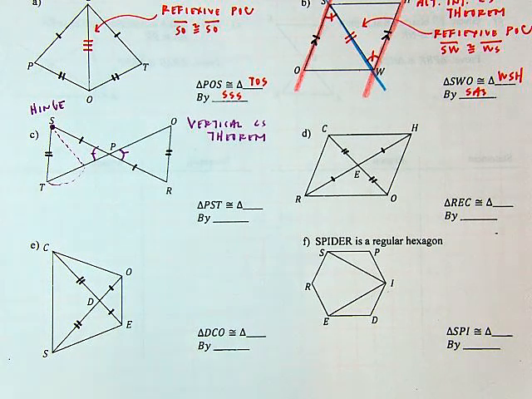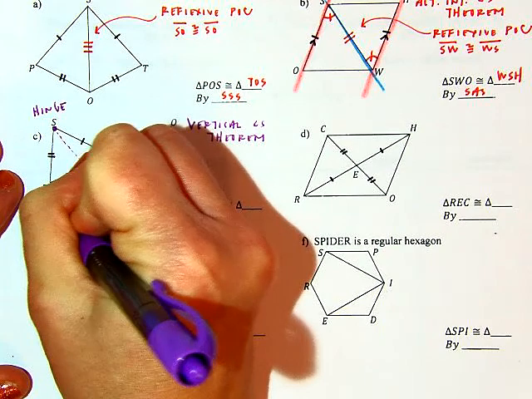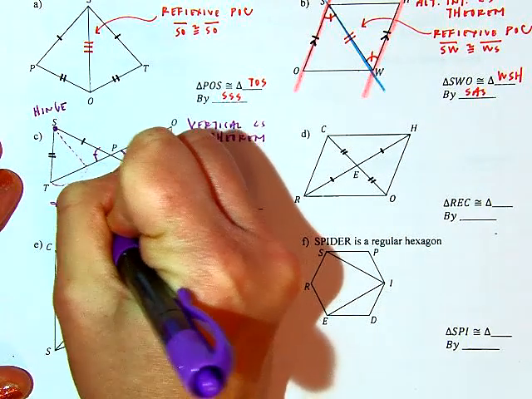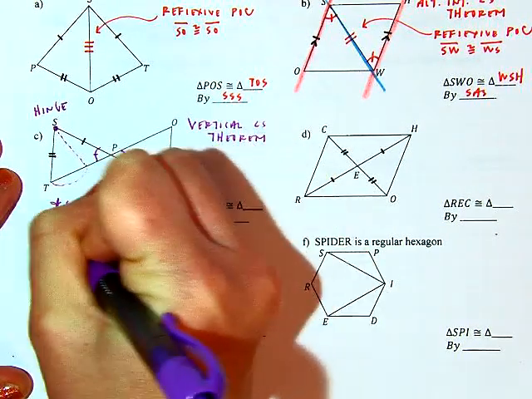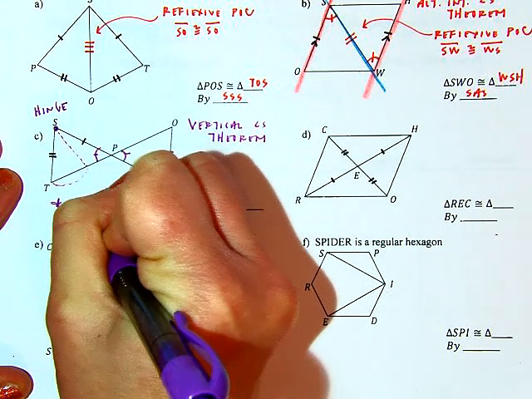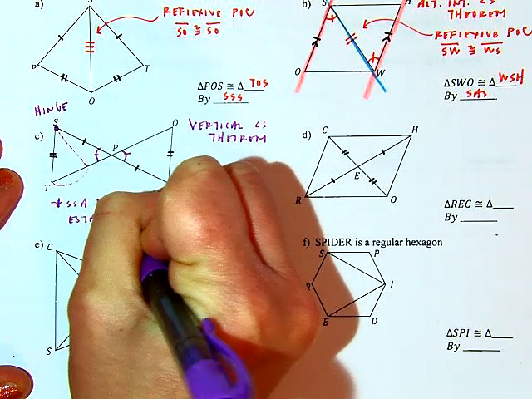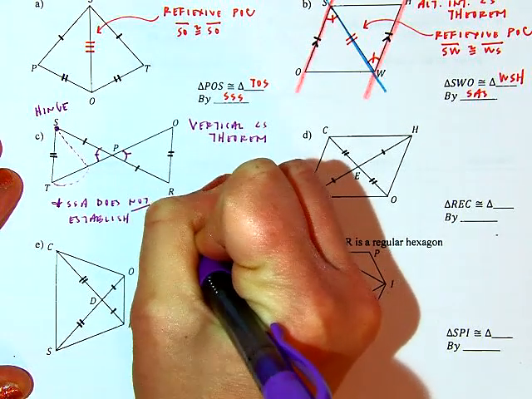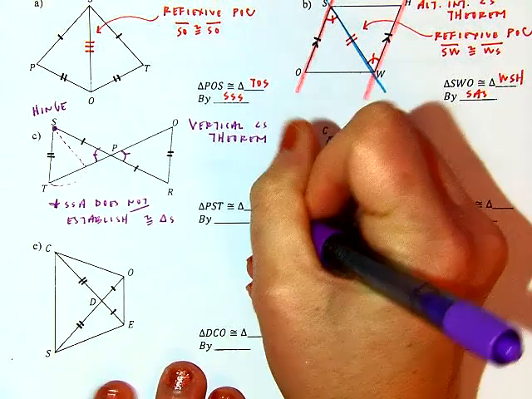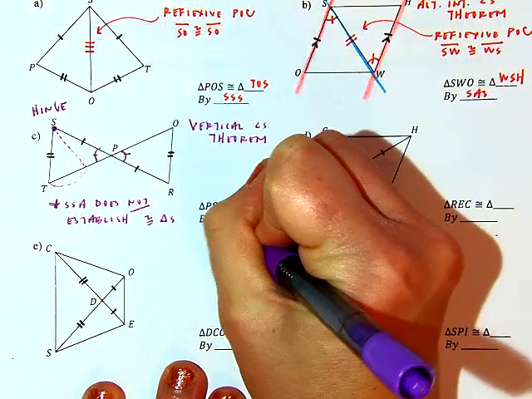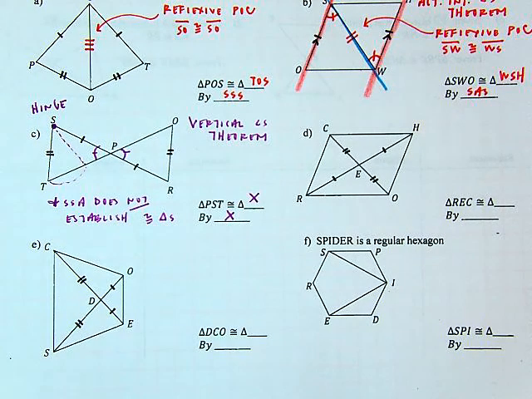So we know that SSA does not establish congruence. So I really cannot say that my triangles are congruent. They are not necessarily congruent. I'm just going to cross off those two spots. I cannot finish up. Side-side angle does not establish congruent triangles.